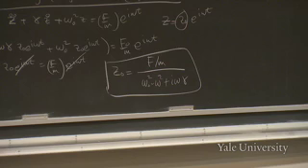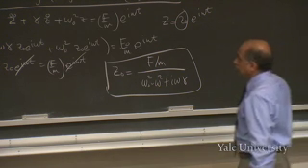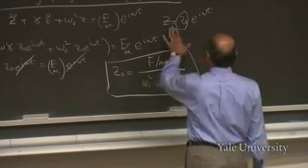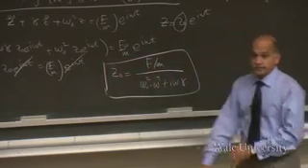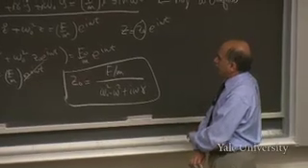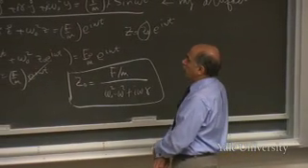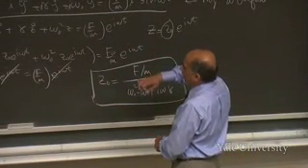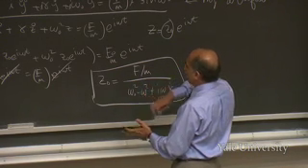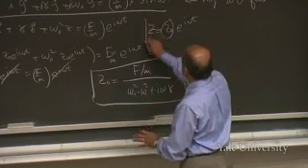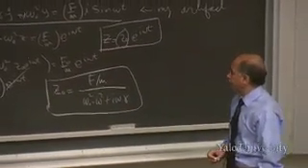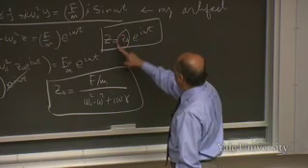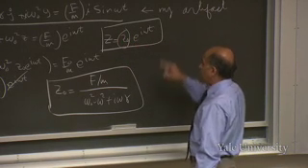Now, parts of it may be easy, parts of it may be difficult. Easy part is to take the guess I made and stick it in the equation, cancel exponentials, and get the answer. What you should understand is x was what I was looking for. I brought in a partner y, and I solved for z, which is x plus iy, and z was assumed to take this form, with the amplitude which itself could be complex times e to the i omega t.